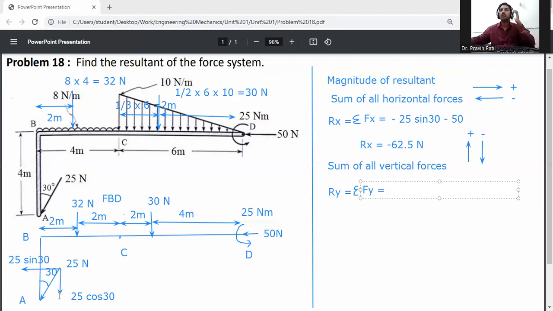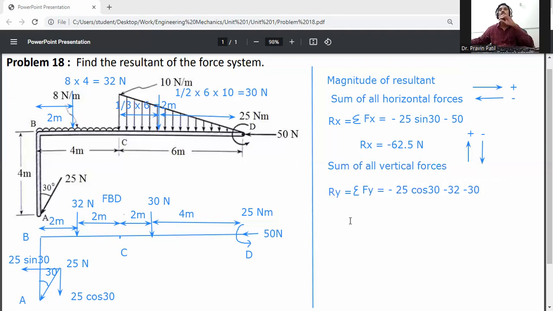First of all, at A, 25 cos 30 is going in the downward direction, so minus 25 cos 30. Then the second one is 32 Newton, going downward, so minus 32. Then 30 Newton is also going downwards, so minus 30 Newton. So these are the three forces acting in the vertical direction.